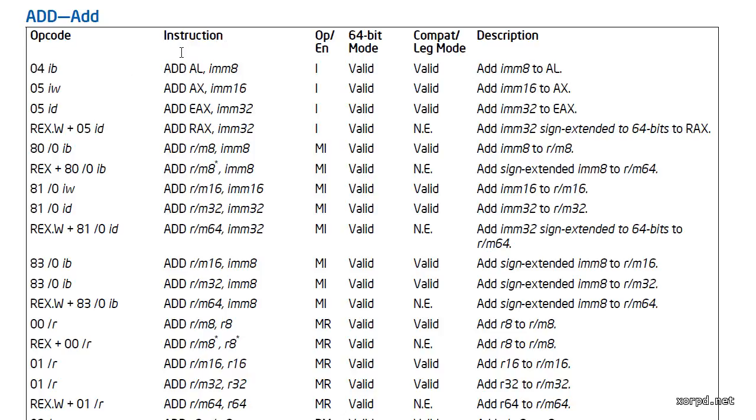This column contains the textual representation of the instruction. This is how you are going to write it inside your source code. This is what the assembler is going to understand. The assembler is going to convert the textual representation into the numeric representation, or maybe the instruction into the opcode.